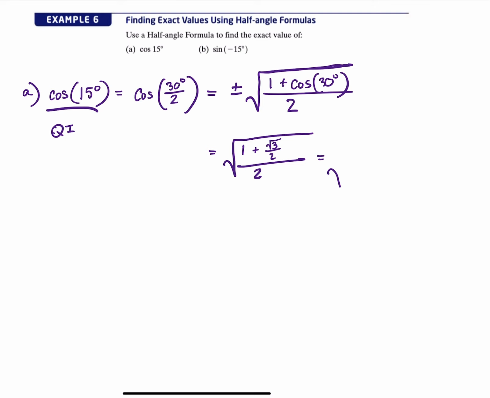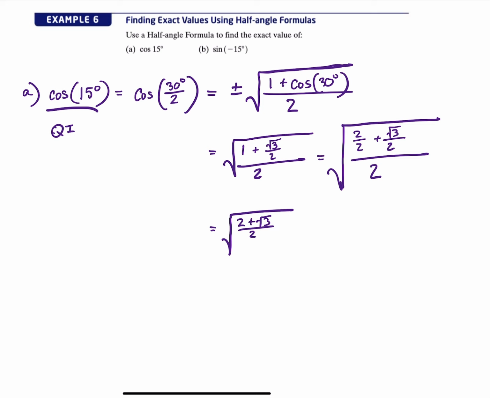I can view that 1 as 2 over 2. So this is 2 over 2 plus the square root of 3 over 2, all over 2. So that would combine into 2 plus the square root of 3 over 2, itself over 2.